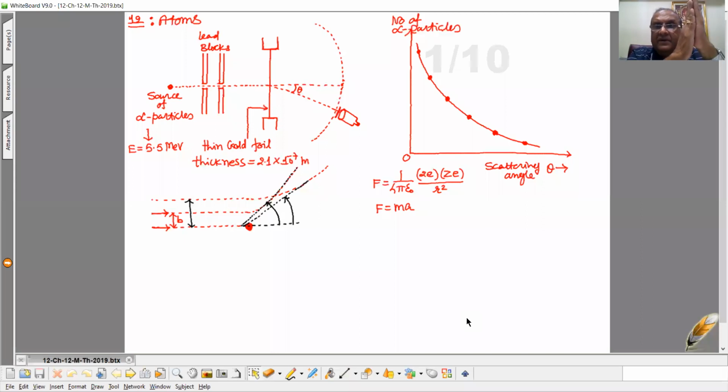And here one can now easily understand this thing when maximum number of alpha particles scatter at the angle less than 1 degree, it implies that the maximum space in the atom, that is the empty space, right?